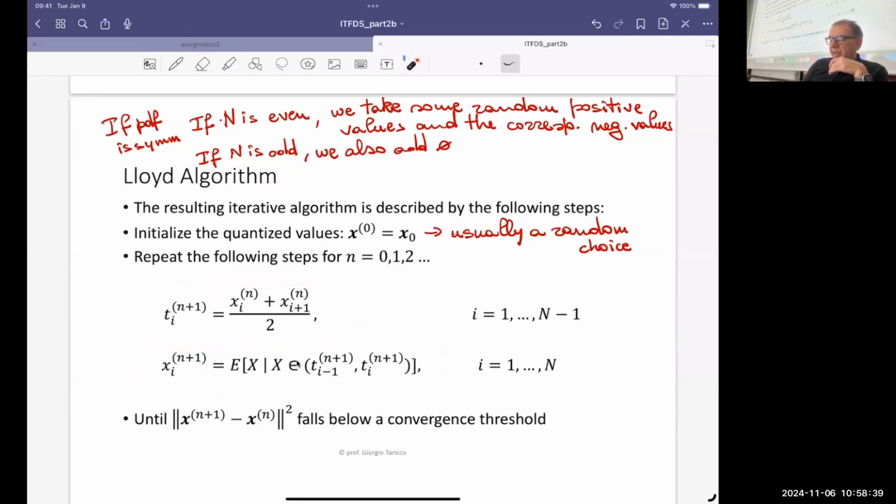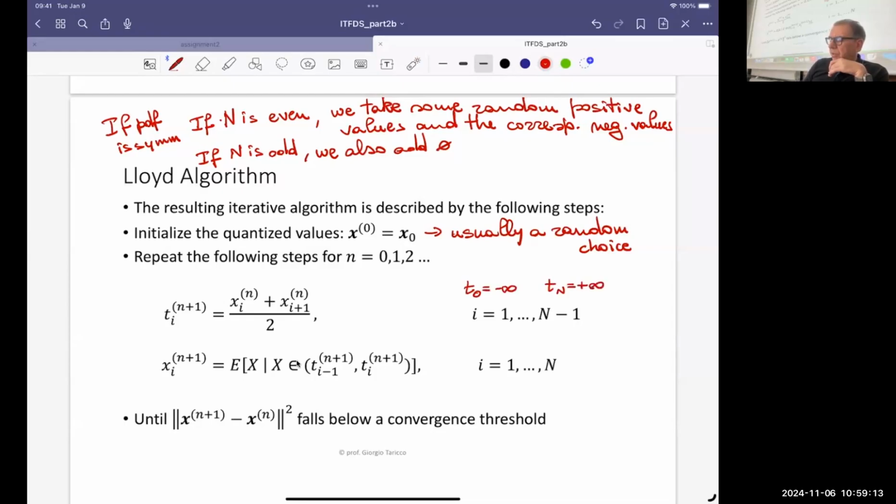So in the first case, we set Ti n plus 1 equal to xi n plus xi plus 1 n divided by 2. And we obtain n minus 1 thresholds. These are the inner thresholds. Let's remember always that we always have the true extremal threshold T0 equal to minus infinity and Tn equal to plus infinity.